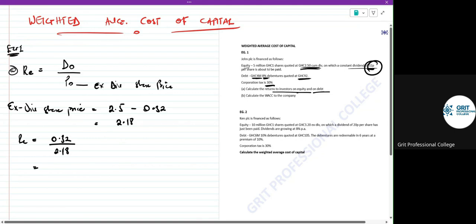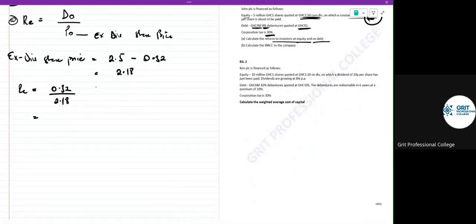And when we divide that, the shareholders' required rate of return will be 0.147. All right. So that'll be 14.7%. So please remember it's a percentage. Okay. The return is a percentage. Yes. So that's what you have.